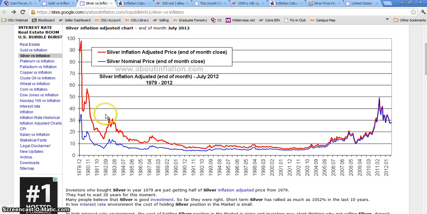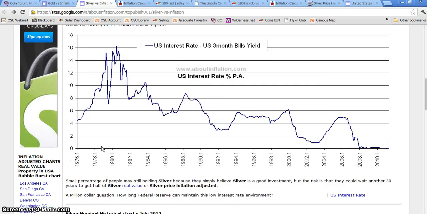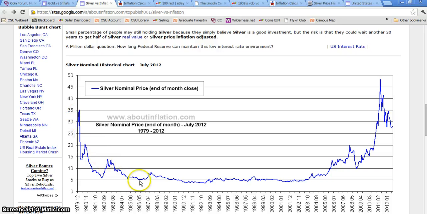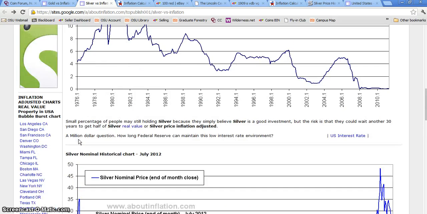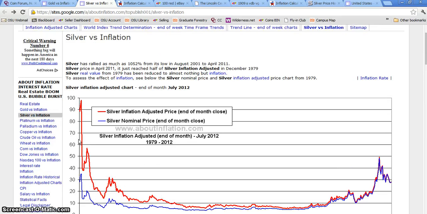Coming back over here, here we have that nominal shape. Here's the nominal figure, slightly different scale. Okay. It's important to adjust all of these prices for inflation. Silver inflation adjusted price. This is the real price.